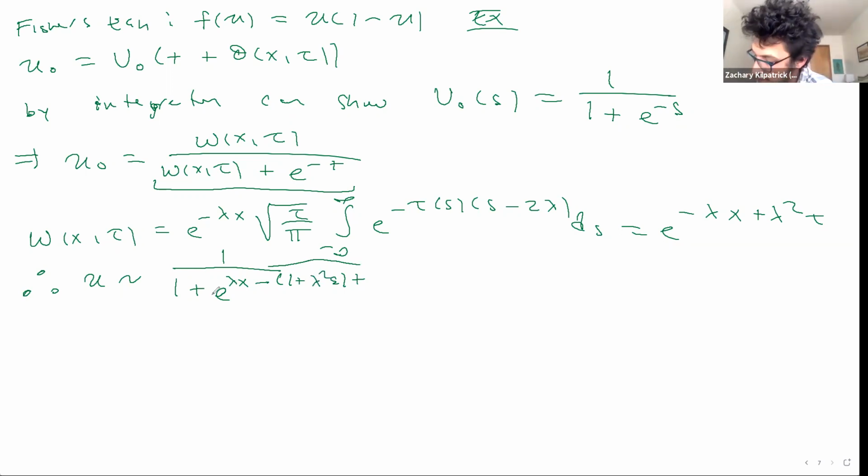You could factor out a lambda here, and you would have something like lambda times x minus a velocity times t, okay? And remember that lambda is specified in the initial condition. So all your parameters are specified for this, right? Your epsilon should be specified by the initial value problem.